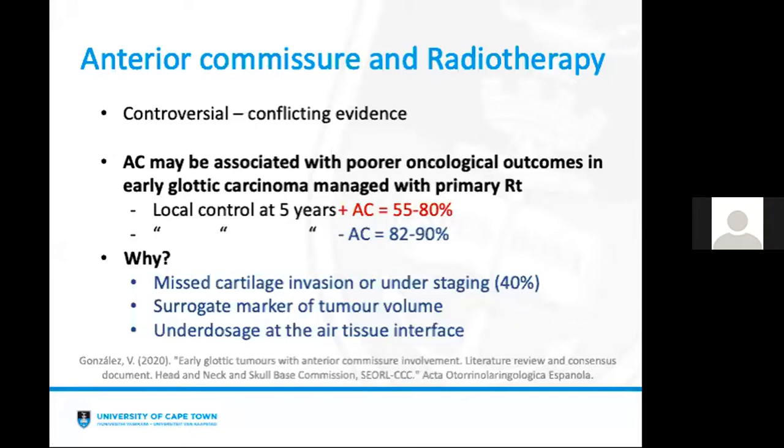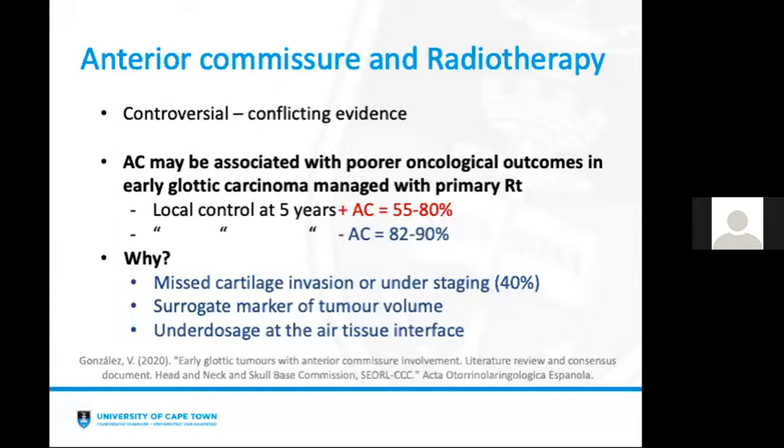However, having said this, other studies have provided conflicting data indicating that anterior commissure involvement is not necessarily associated with poor local control rates. Reasons postulated for possibly poorer oncological outcomes include, firstly, the potential for an increased occult or missed cartilage invasion, or a clinical understaging rate which may be as high as 40%.